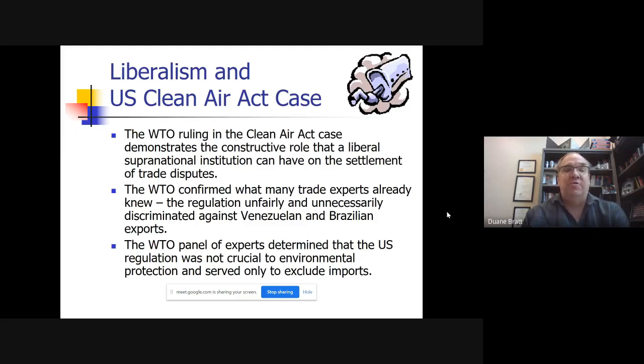The WTO also confirmed what many trade experts had already said, that the regulation really did discriminate against Venezuelan and Brazilian exports. And the panel of experts determined that the regulation really wasn't crucial to environmental protection and air quality in the United States, that it really was disguised trade protectionism.